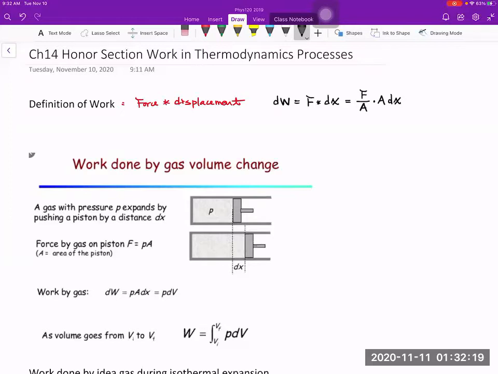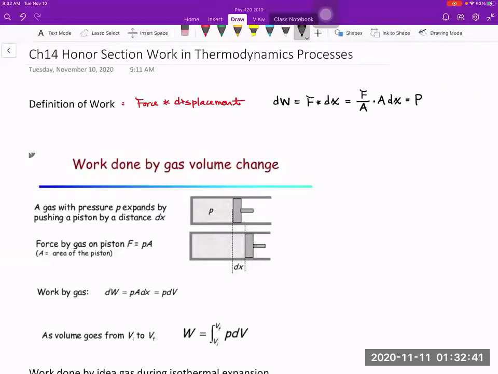Now, what is F over A? That's force divided by area, which is the pressure. What about A dx? The A is the cross-section area, and dx is its movement along the x direction.